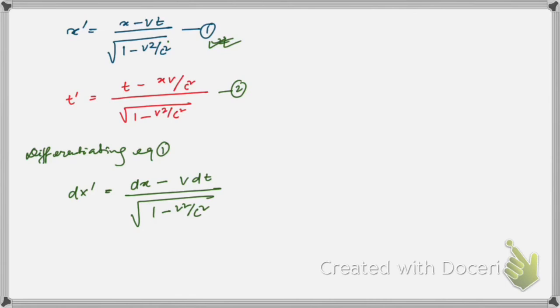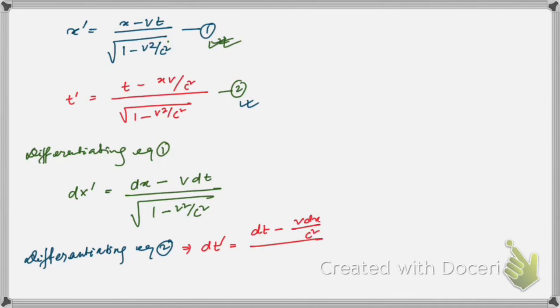And differentiating equation number 2, you will get dt dash equal to dt minus v dx by c square, divided by root over 1 minus v square by c square. That's what you will get.